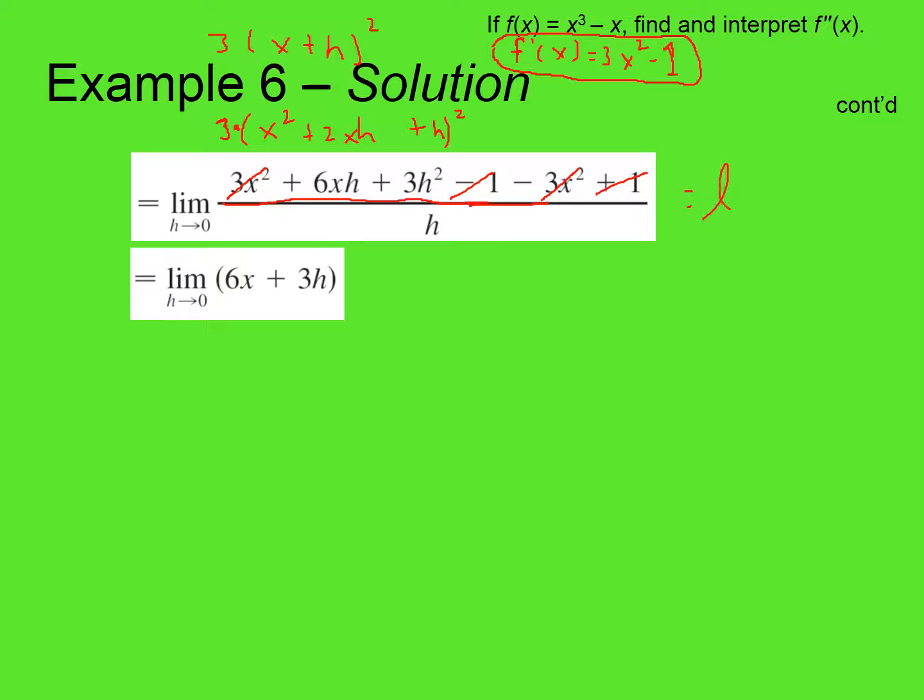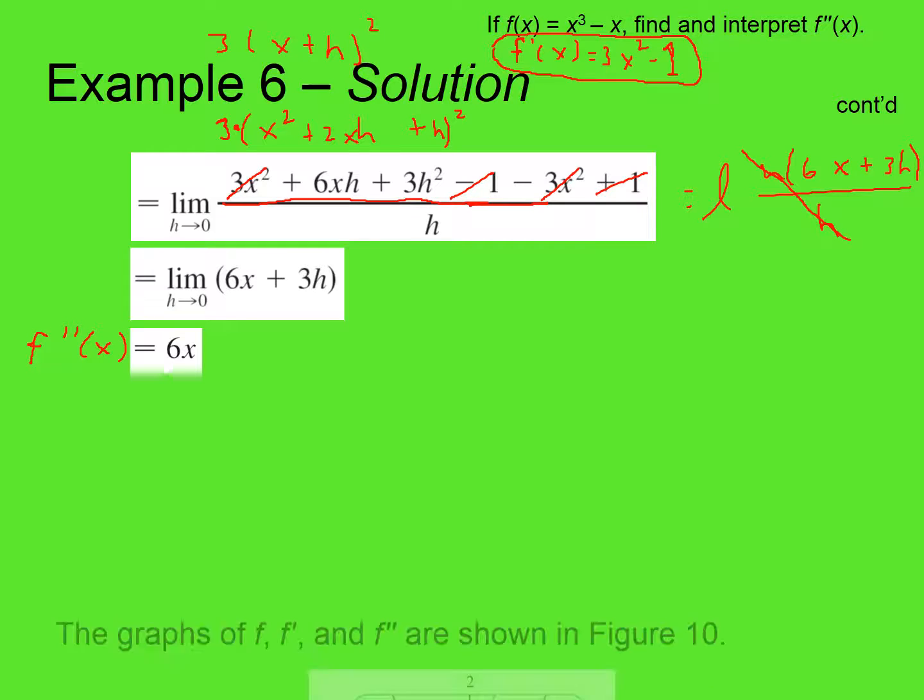So that's the limit as h goes to 0 of h times 6x plus 3h all over h, and we're canceling those h's. Well, as h goes to 0, 3h goes to 0, but 6x is just 6x. And that's what we get for the second derivative. Okay, so there it is. There is f double prime of x, the derivative of f prime of x.